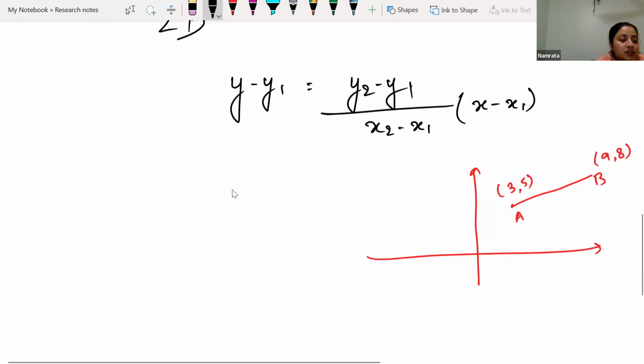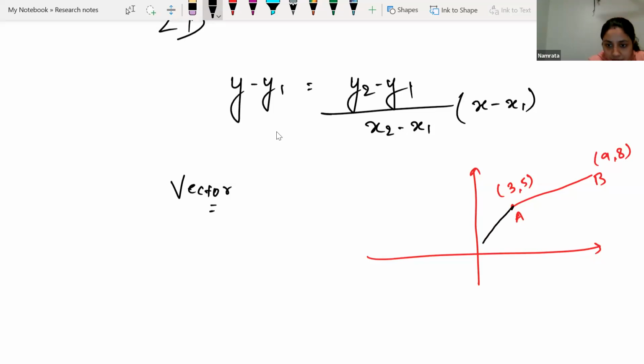Now in 3D geometry we will be writing the equation of a line. In 2D geometry the vector form will look like this. We can find the position vector of A from the origin, and B from the origin. Let me draw it properly.